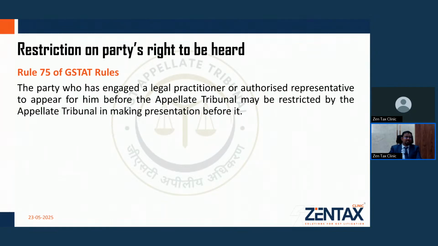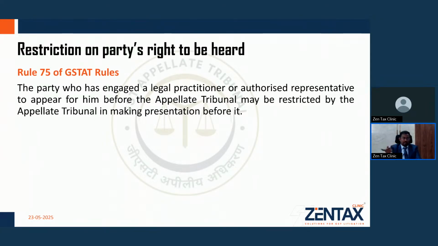Once you appoint an authorized representative, there are a couple of key things that you need to look into. Appointment of an authorized representative has to be done with extreme due caution, particularly before the GST Appellate Tribunal, for the reason that once an authorized representative has been appointed, the appellant, the party, may be restricted in making their presentation before it.